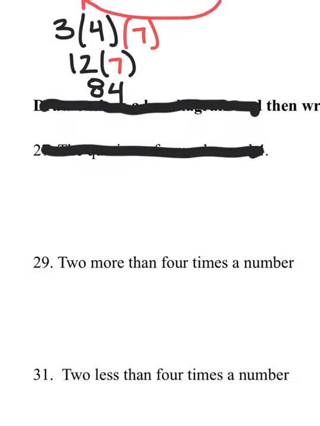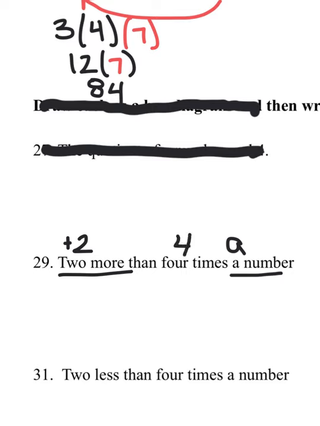All right, for 29, 2 more than 4 times a number. So 2 more means plus 2. And 4 times a number, again, a number means we're going to put in a variable, so we're going to do a for this one. You can choose any variable, it doesn't matter which one.